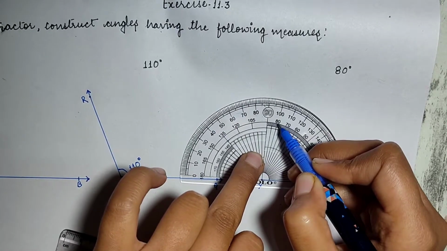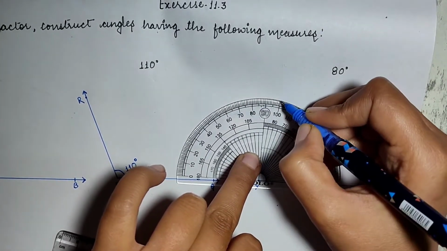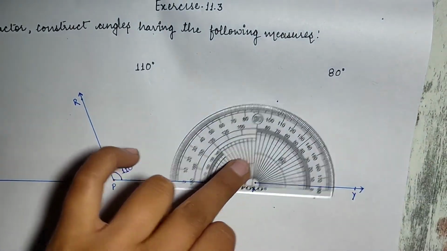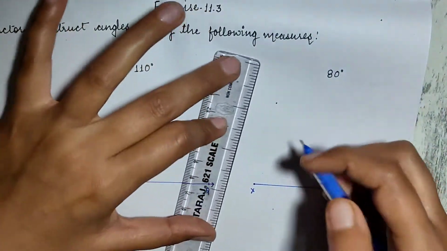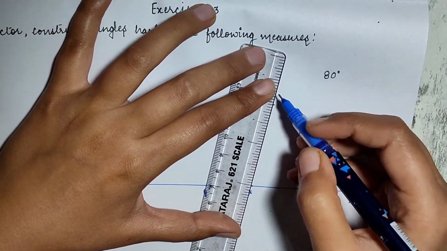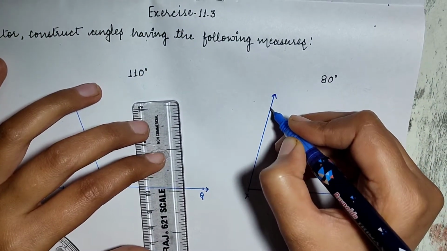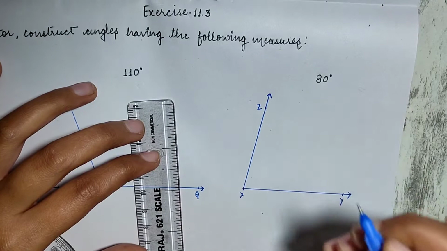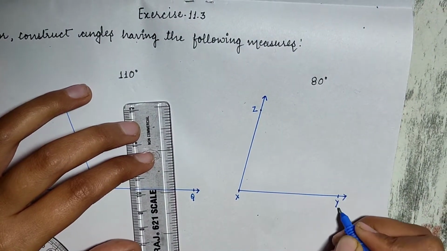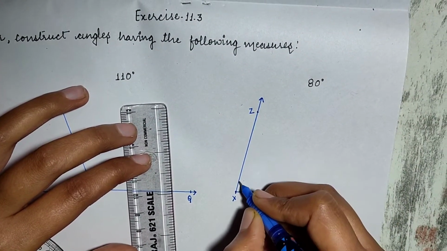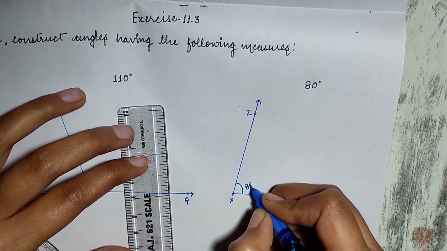So you will see that here you have 80 degrees. Make a point here. Join this point and point X. Name this point as Z. So this angle YXZ is of 80 degrees.